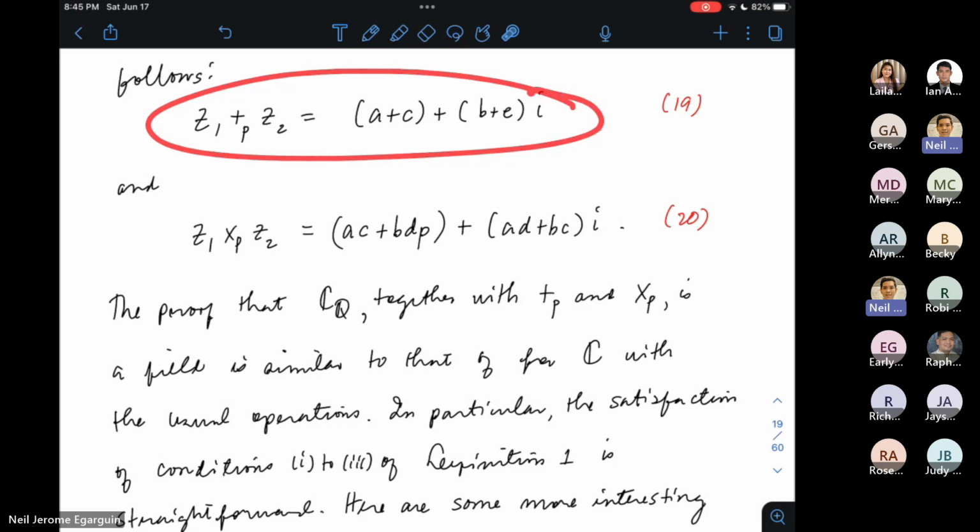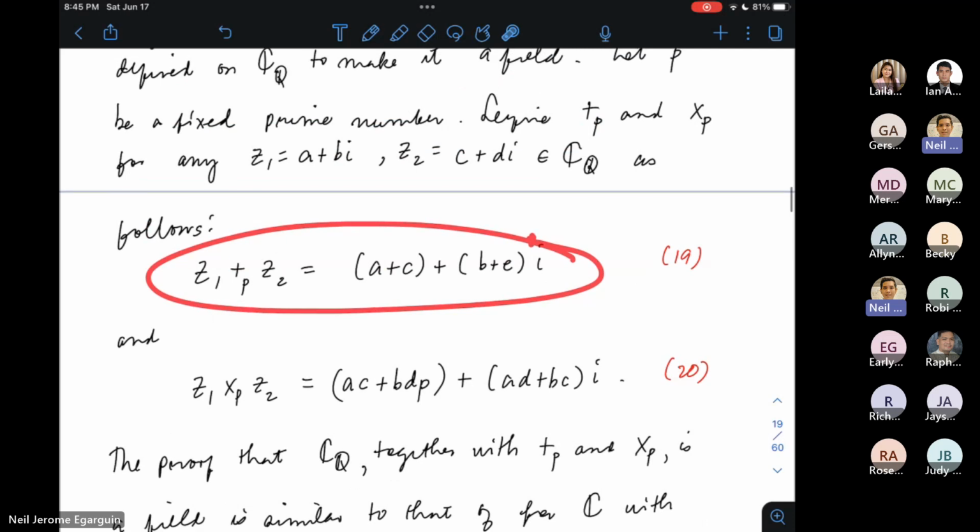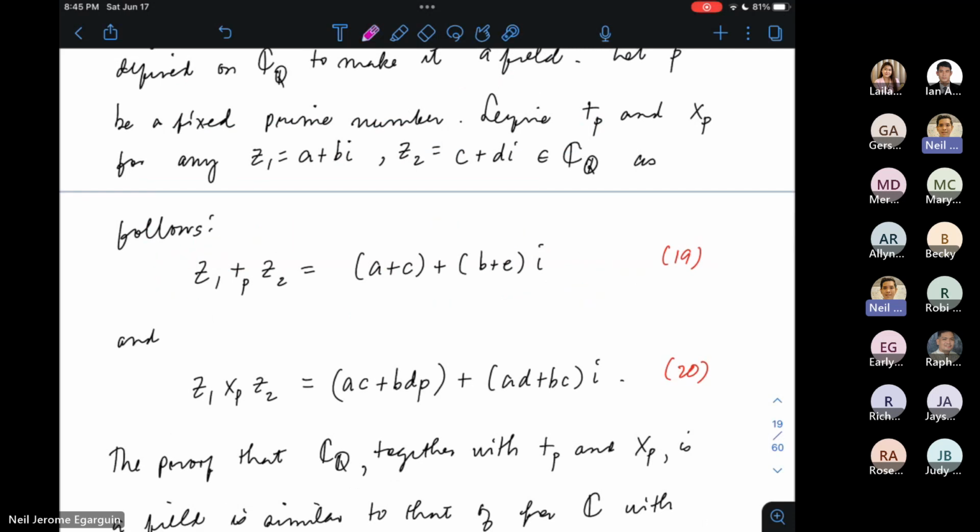This is how I define the addition of two complex numbers, which is essentially, actually, I think there's a typo here. A plus B. Yeah, this should have been a D. So in equation 19, it should be corrected to A plus C plus quantity B plus D times I.